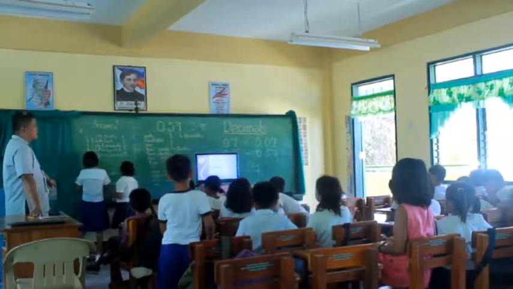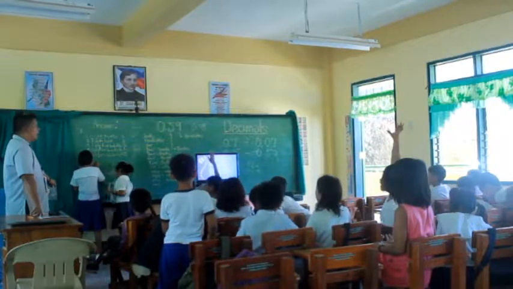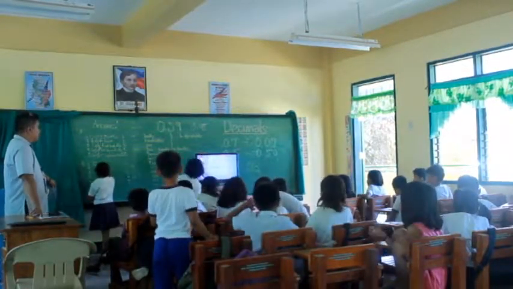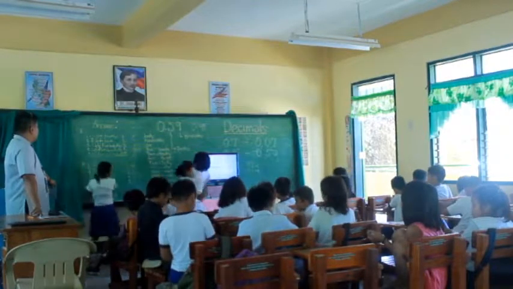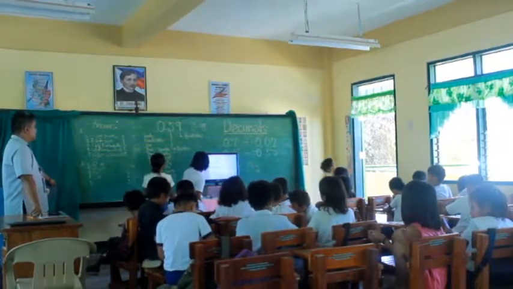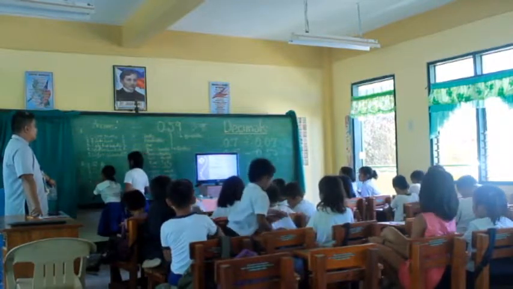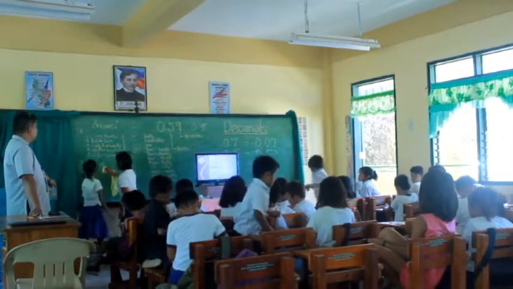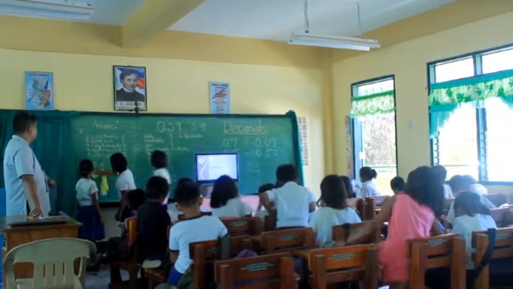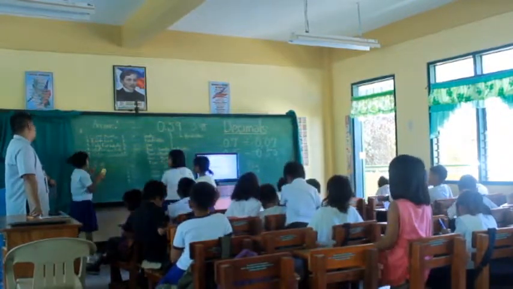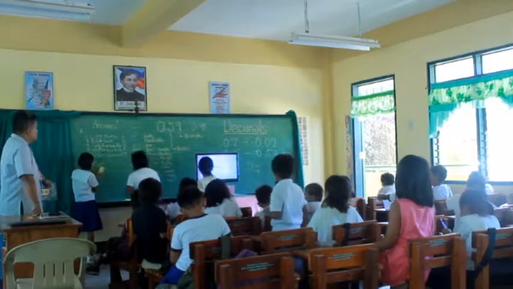Number 3 is wrong. Who can help number 3? Julian. How about number 5? Who can help number 5? Irish. Number 2, Honeybee, is 7 tenths, not 60 hundredths. Number 3 is 2 hundredths.